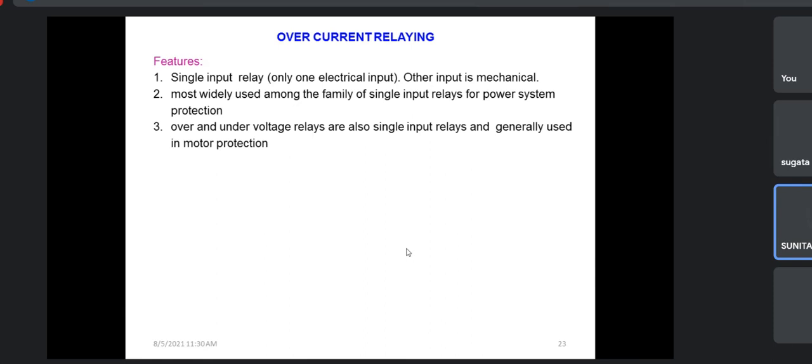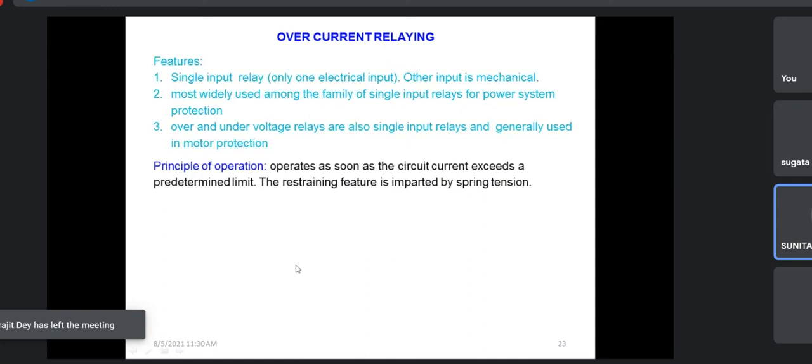There was only one excitation current, and it was kept at its rest position using a spring. So the other input is mechanical. In this case, it is a spring. Now, the single input relay is widely used in power systems, and it gives a very simple protection scheme. Over voltage relays and under voltage relays used in motors are also single input relays. Okay.